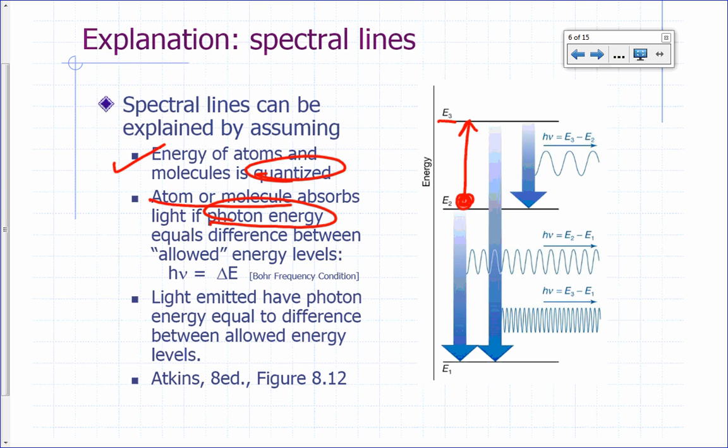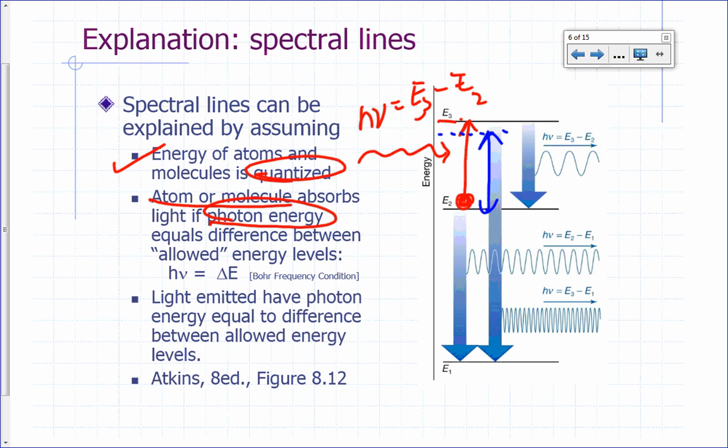In order for it to go from E2 to E3, the light that must come in, the photon energy, must be equal to E3 minus E2. If that energy doesn't correspond to E3 minus E2, let's say it only gives you this much, then it's not going to be absorbed. In other words, atoms and molecules, you can think of them as being picky. Either give me exactly what I want, or I'm not taking it at all.